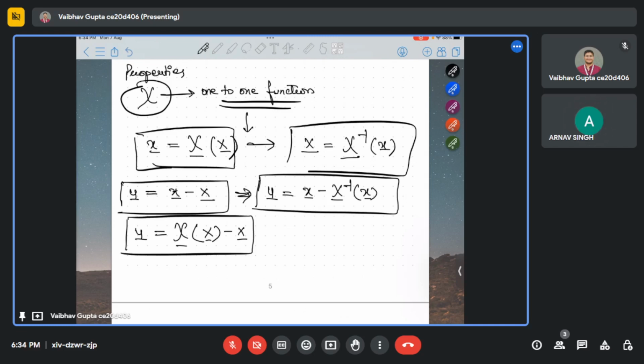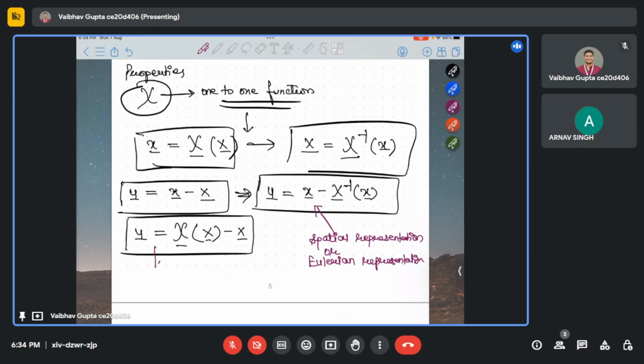Now, if you are writing the displacement in terms of the current configuration, this small x represents the current configuration. This thing is clear, no? So this is known as spatial representation, or Eulerian representation, when a displacement field is related to the current configuration.